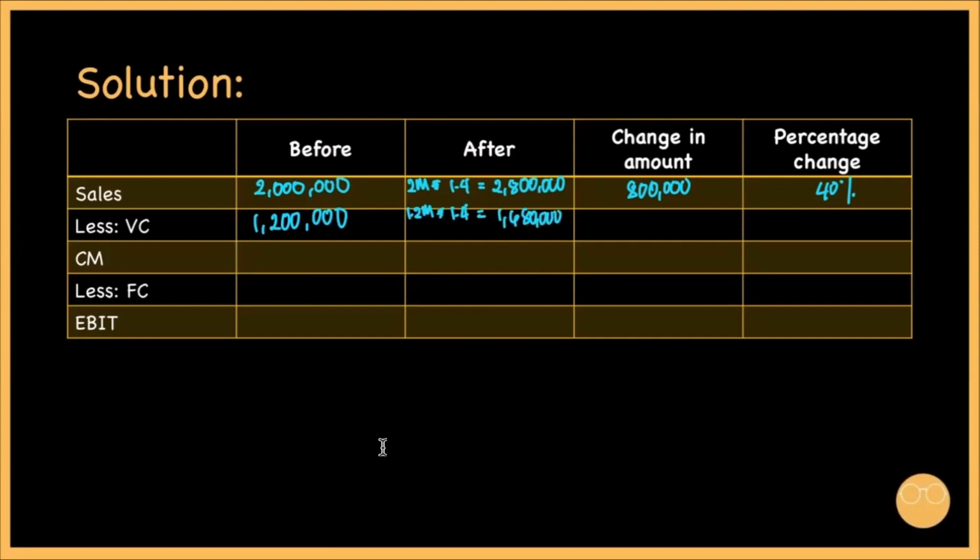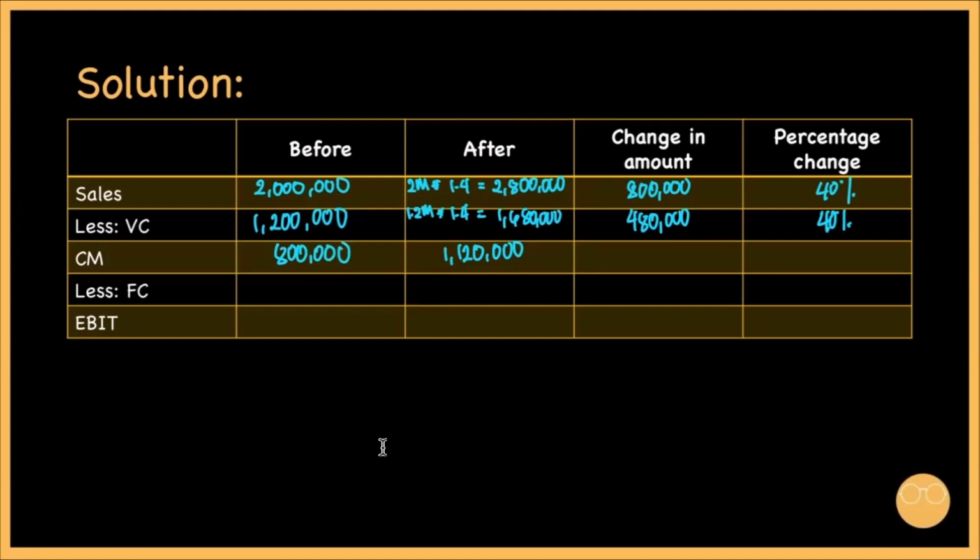The difference is an increase of 480,000 for the 40% change. So our new contribution margin is 1,120,000. Our contribution margin before the 40% change is 800,000.